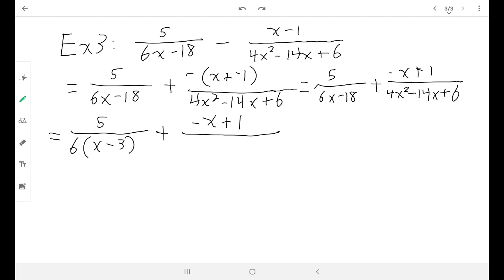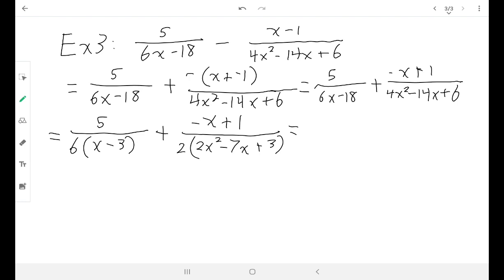I can't factor a 4 out of everything, but I can factor a 2 out of everything, leaving me with 2x squared minus 7x plus 3. And so then this 6, it will indeed help me to think of that as a 2 times 3.